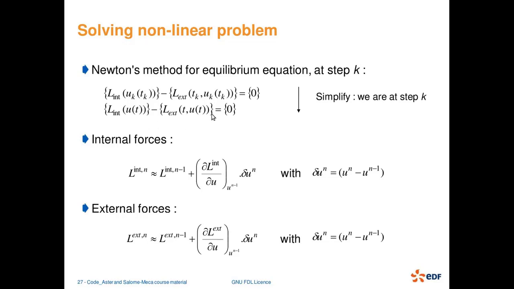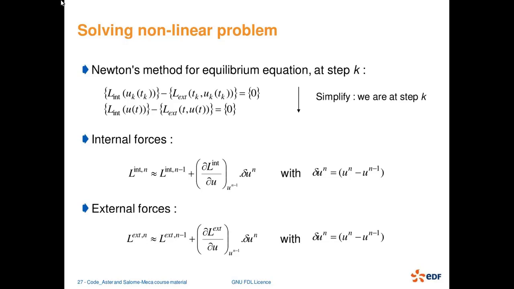And for equilibrium, this difference must be 0. The difference between internal and external load at any time step must be 0 or very close to 0 for a practical case.